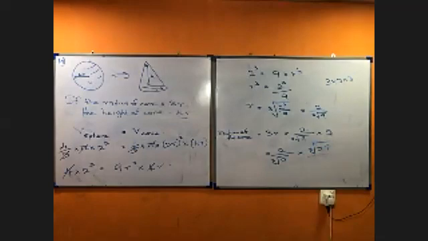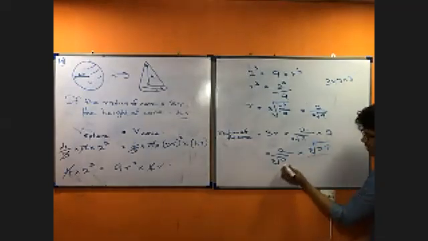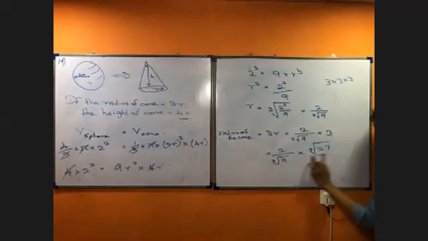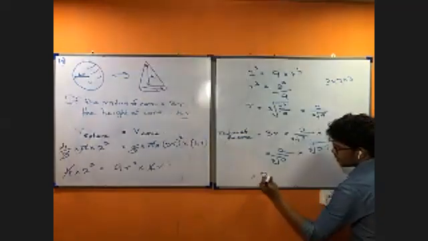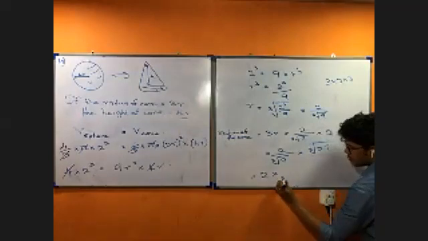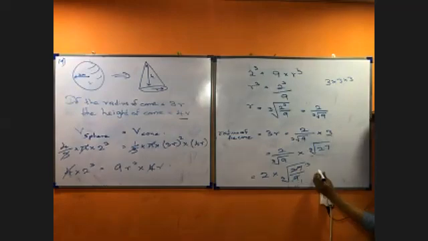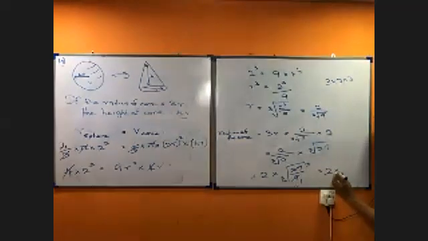Here also I have a third root. So I will write 2 into third root of 27 over 9. Now 27 over 9, you can cancel off. For 9 you have 1, for 27 you have 3. So it is going to be equal to 2 times third root of 3.